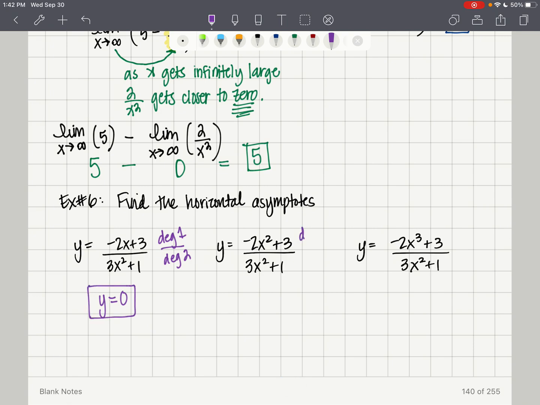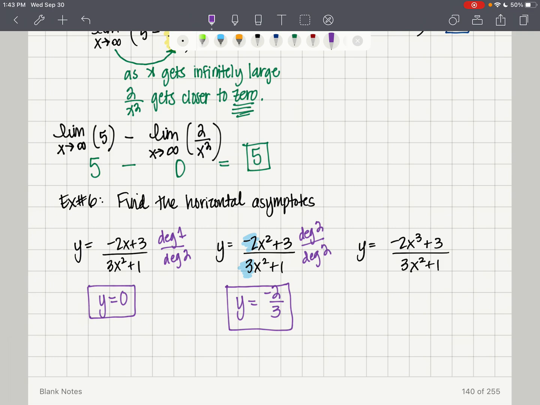And in this next one, you have the same degree in the numerator as you do in the denominator, a degree 2 over a degree 2. Therefore, you look at your leading coefficient over your leading coefficient, and you would get y equals -2/3.